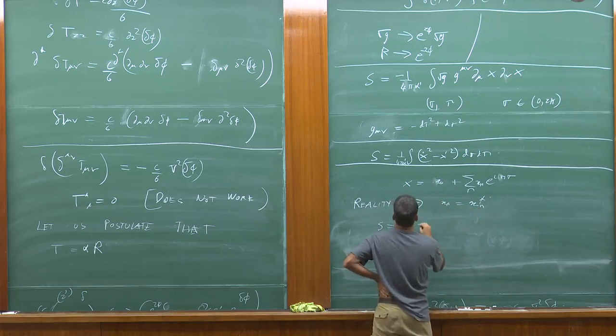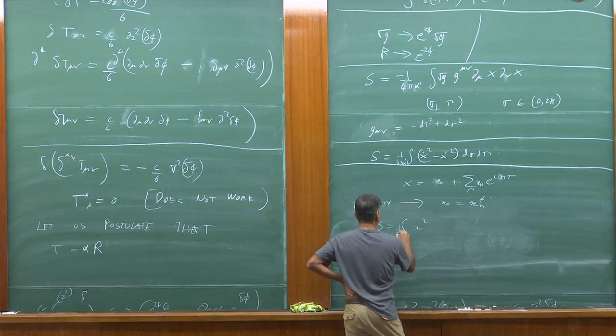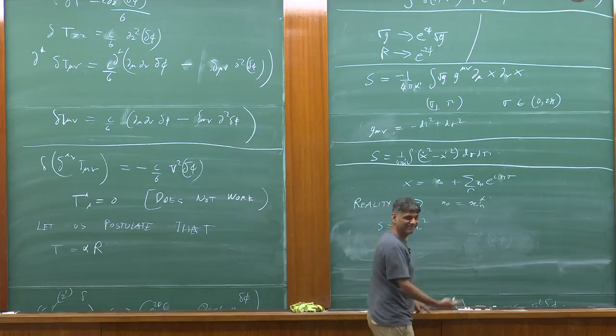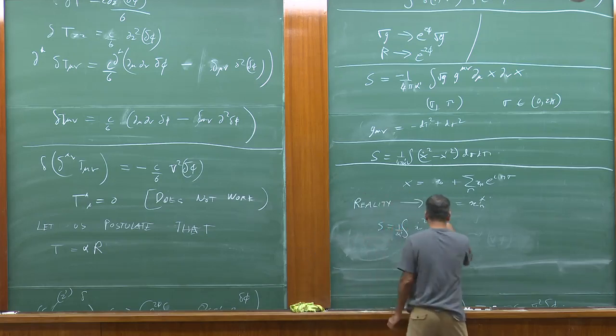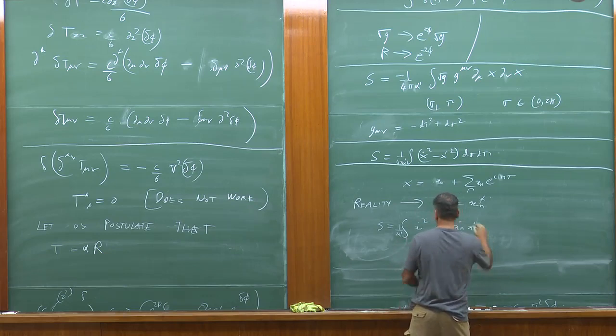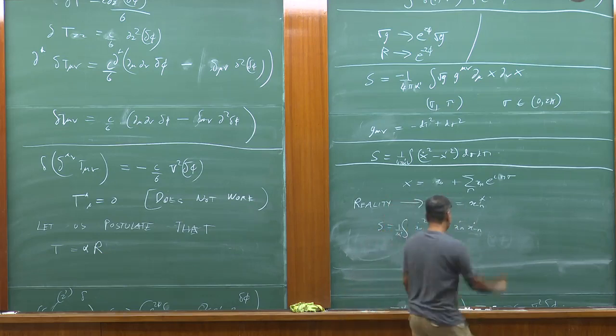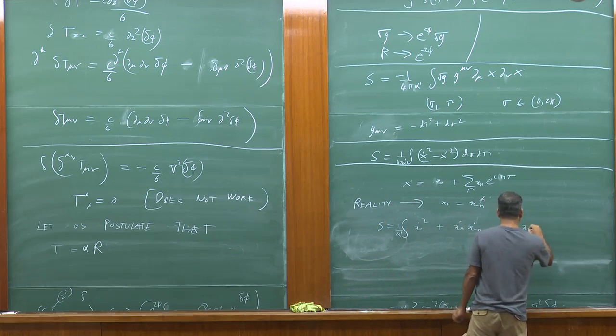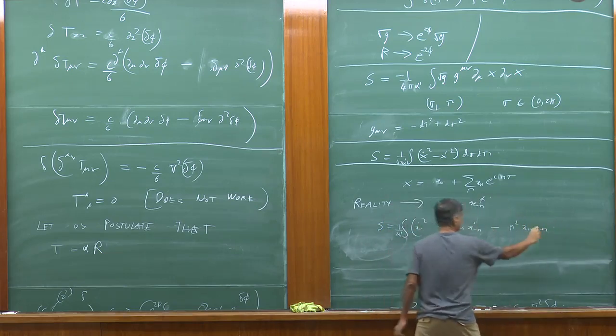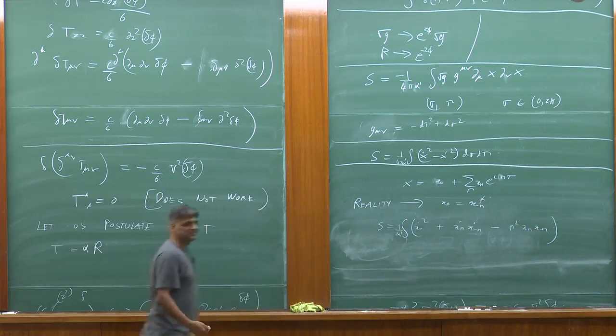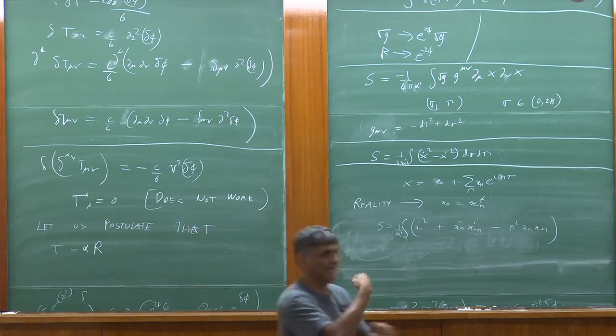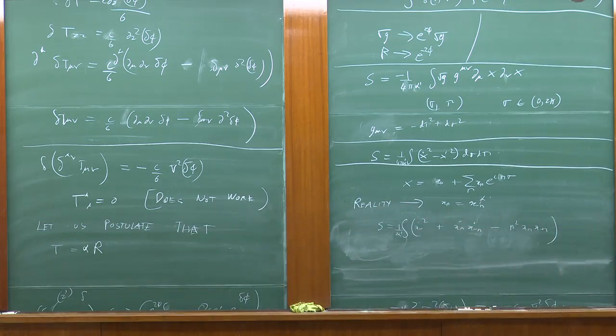We can write this action as x naught dot squared, with a 1 over 2 alpha prime because the 2 pi integral has been done, plus x n x minus n dot, minus n squared x n x minus n. Just by plugging in and demanding that the Fourier modes cancel each other so that the integral is non-zero over space. Clear?